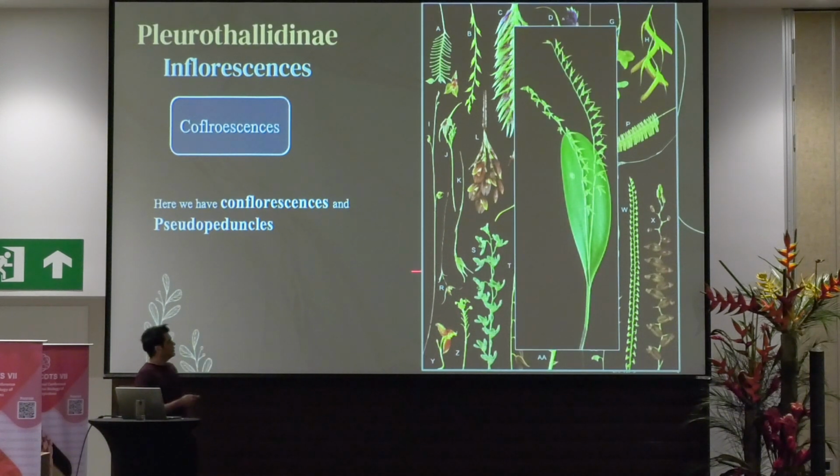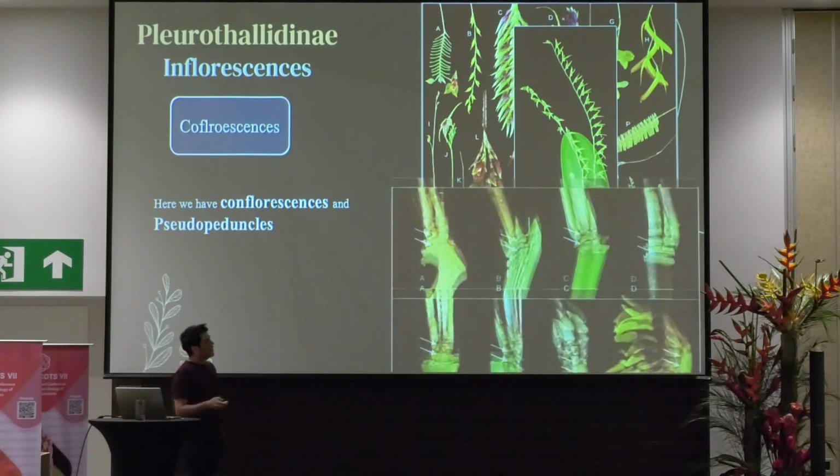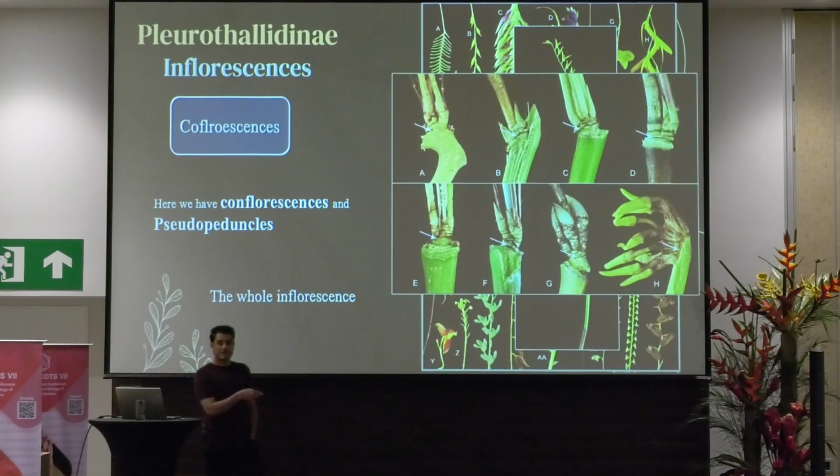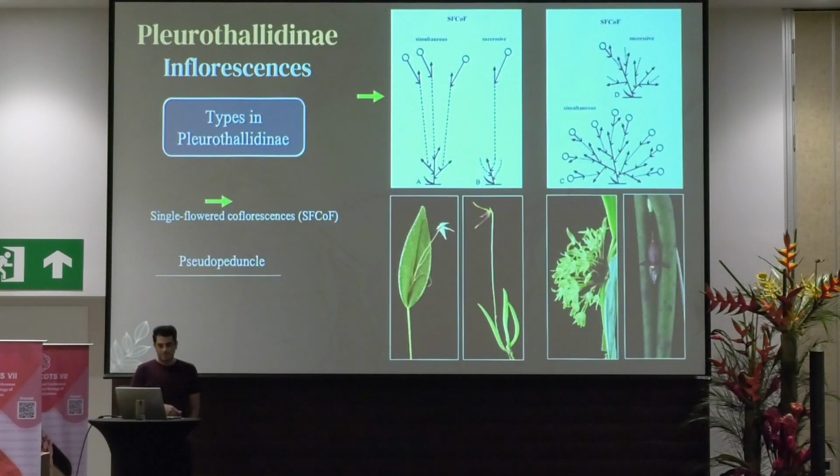And also here, we are seeing one coflorescence and one coflorescence, and they are just part of an inflorescence, which is a highly compressed branch system at the base of the inflorescence. So after studying a lot of material, we found that there are two main types of inflorescence in Pleurothallidinae.